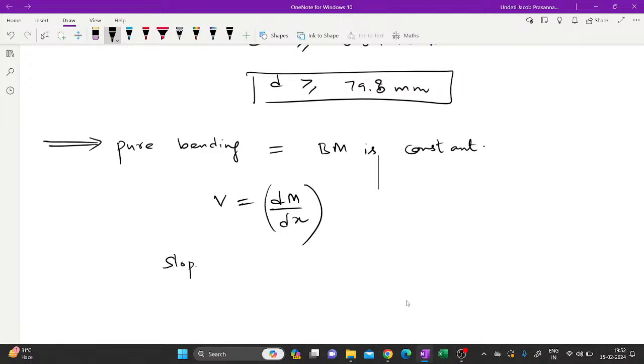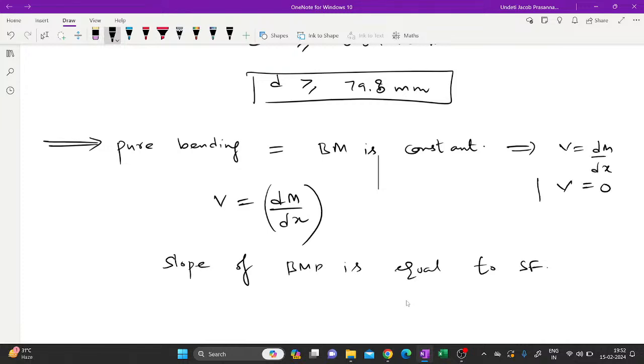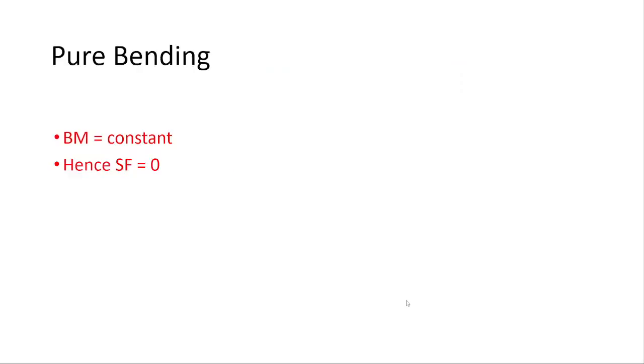Slope of bending moment diagram is equal to shear force, right? When you say bending moment is constant, this implies V is equal to dM by dx is equal to 0. So V value is equal to 0 here. So you need to understand that in the case of pure bending, you'll observe that bending moment is constant, and that gives us the result that shear force value is equal to 0 here. You need to be very, very sure about that one.